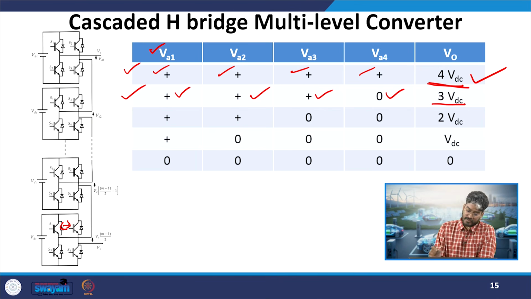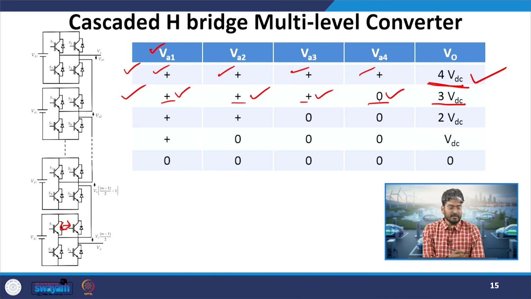Okay. So in this second combination, where is the redundancy? Here if you see, we have marked only one set of combination which will be giving us 3 VDC, but now how can the redundant combination be generated over here? If you see, I have turned on 3 submodules, or 3 H bridges, to generate positive voltage, and I have kept one in the bypass mode.